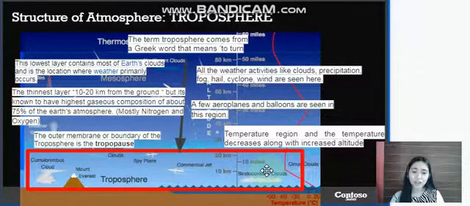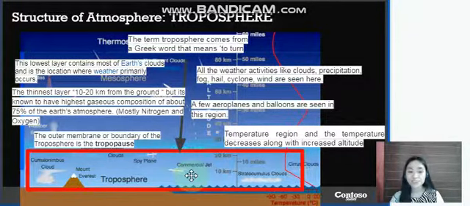Also, this is known as the thinnest layer, but it's known to have the highest gaseous composition, kasi it's composed of 75% of the Earth's atmosphere, kasi mostly ang laman nito is nitrogen and oxygen po.